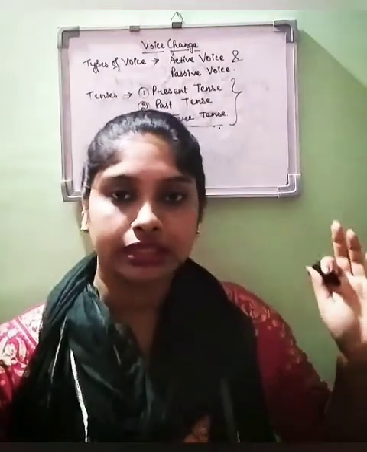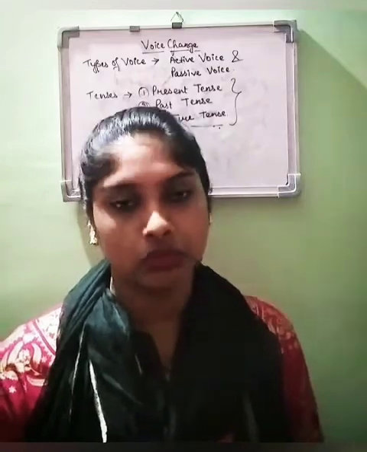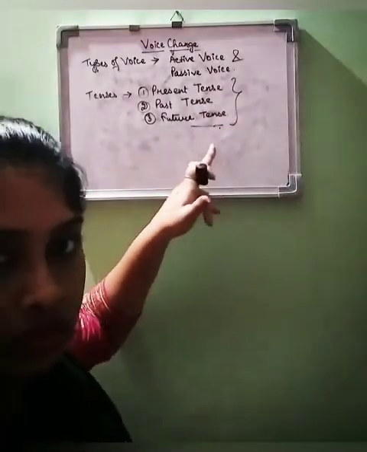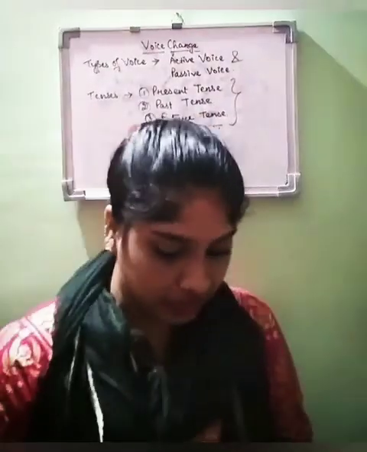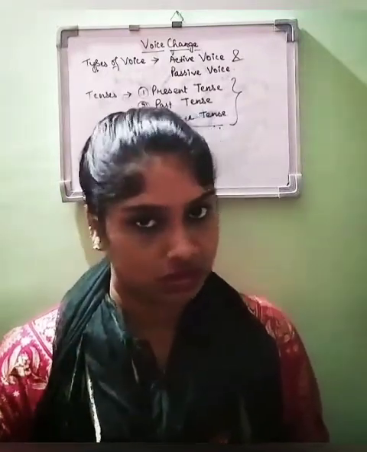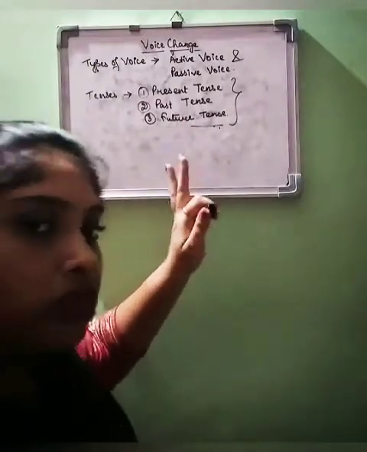Now these three tenses are again subdivided into four subdivisions. That means each tense is divided into four subdivisions. Let's see what that is. I'll write only one time, the remaining will remain the same.